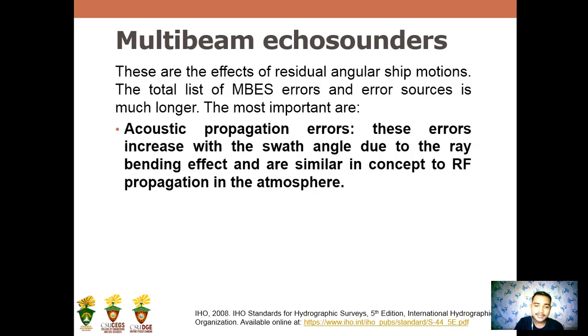Another one is the acoustic propagation errors. So these errors increase with the swath angle due to the ray bending effect, and are similar to the concept of RF propagation in the atmosphere, geometric propagation. Kung gintahay, as the acoustic waves travel in the water bodies, no, napod siya ma-encounter na error.